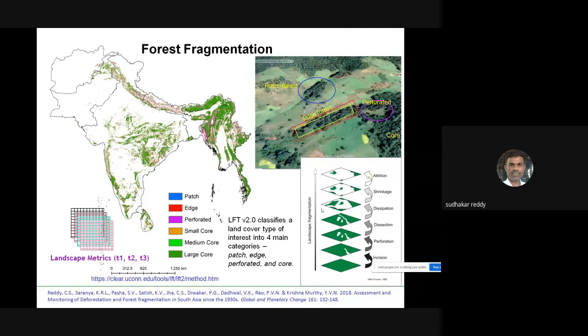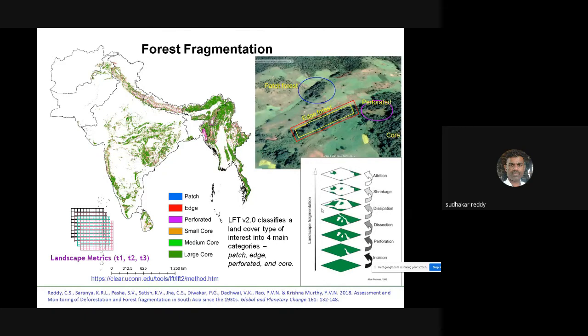And if you see this slide in the right frame, it was captured from Google high-resolution imagery. So you can see at the local scale how the forest was distributed and the spatial configuration of the forest. Patch forest means it has no connectivity with the remaining large forest.